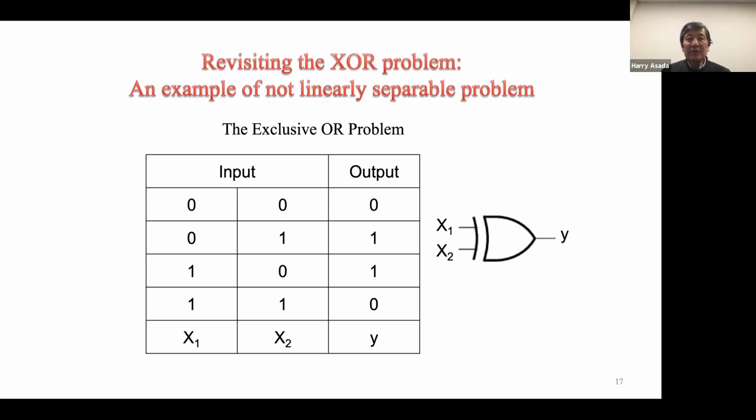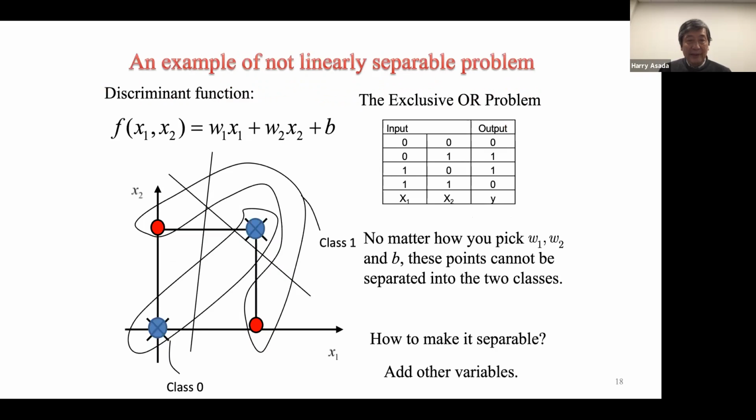Remember that the exclusive OR problem is the counterexample to the simple perceptron, the neural nets. It's a very simple truth table, but the input-output relationship cannot be realized with linear discriminator functions or a simple neural net.